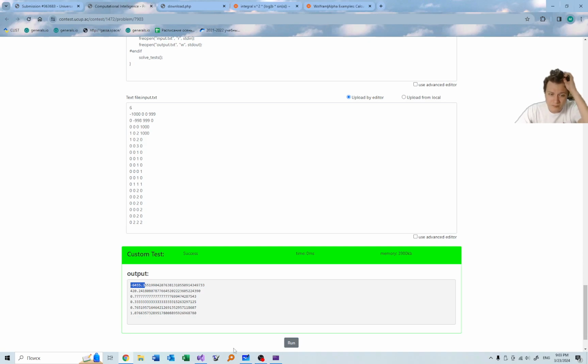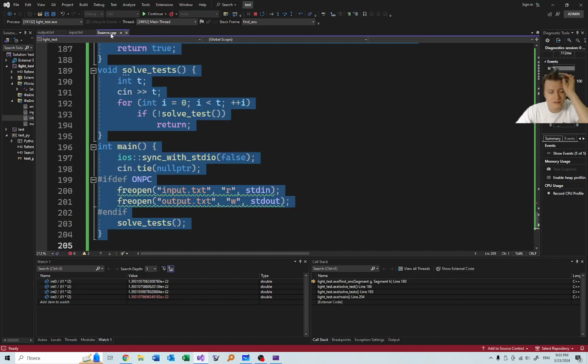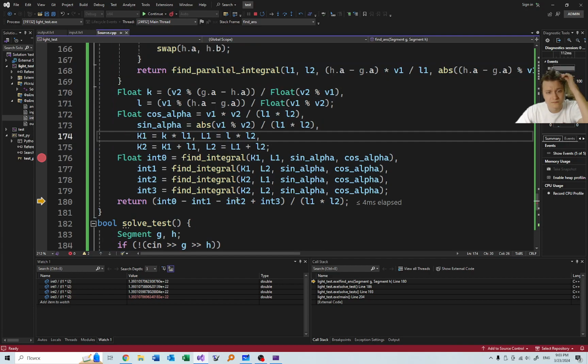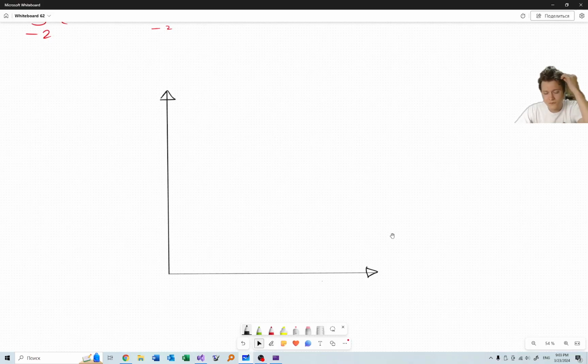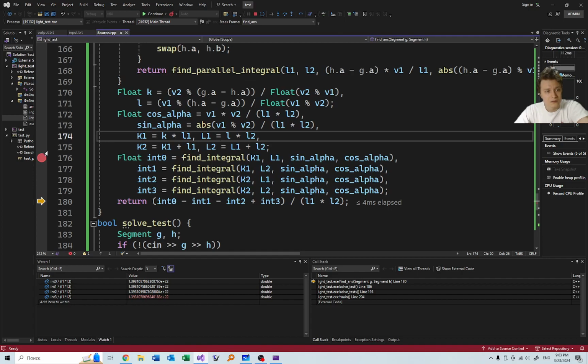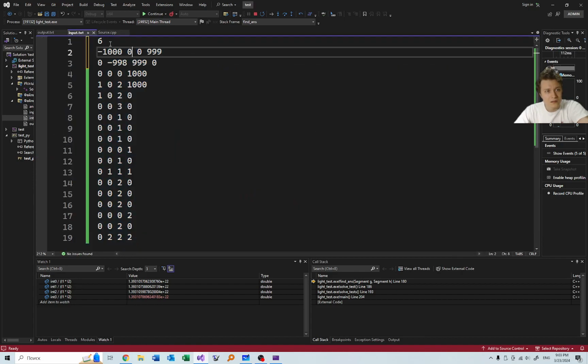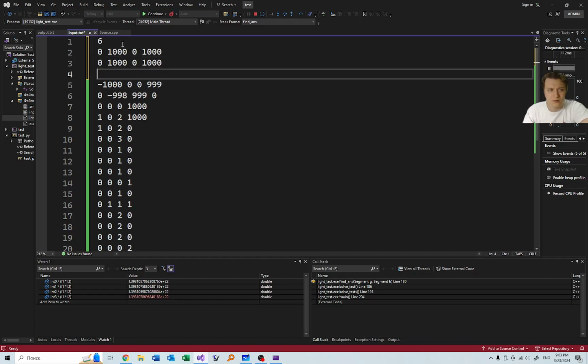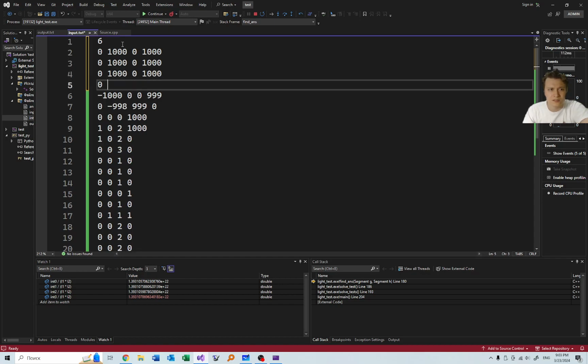Okay, maybe we will be able to fix it if we fix the reason why this answer is totally incorrect. Okay, let's look. So when we have 0, 1000, 0, 1000, or 0, 1000, 0, 2000.